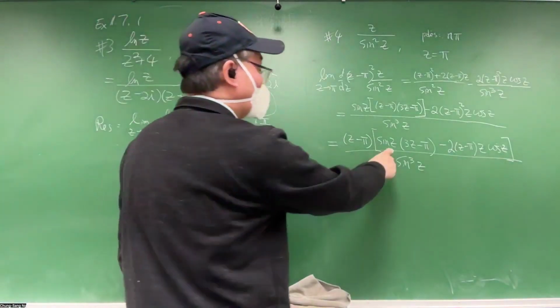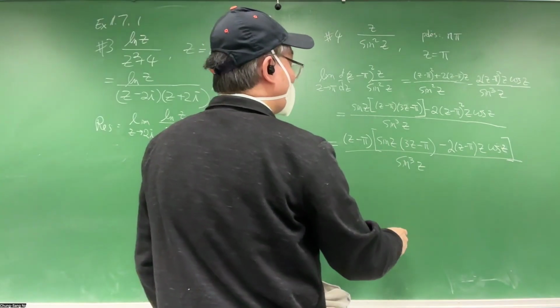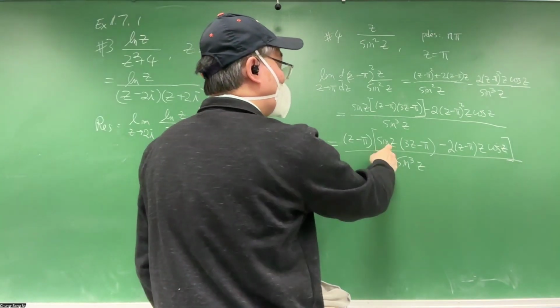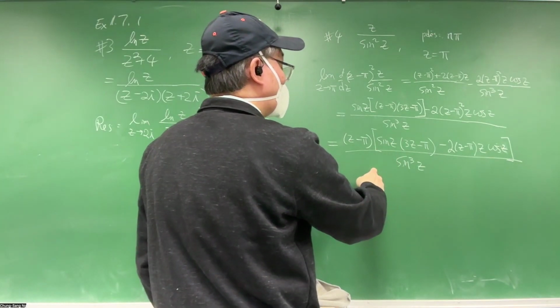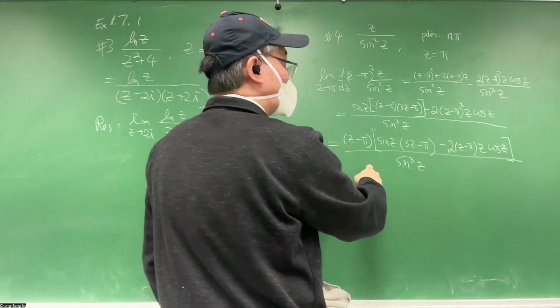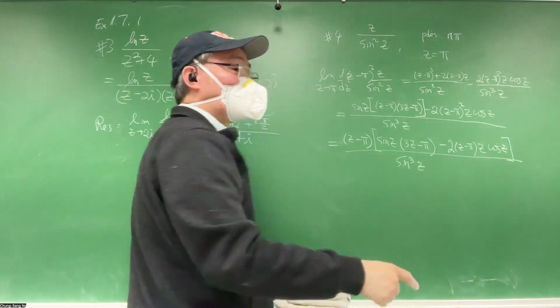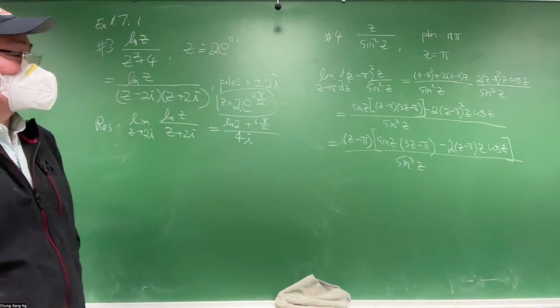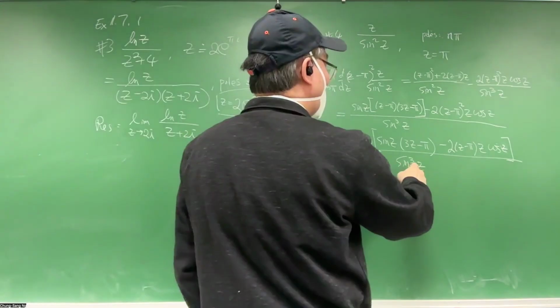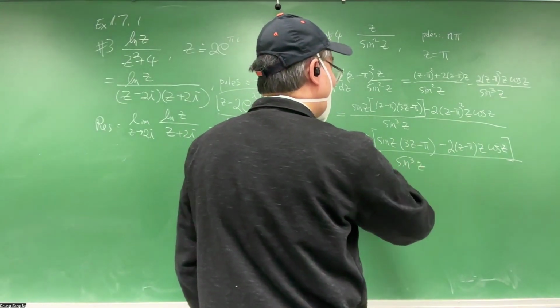You know that it will work, right? Another way to do it is using Taylor expansion, right? Do a Taylor expansion of both the numerator and denominator, which is basically the same, right?